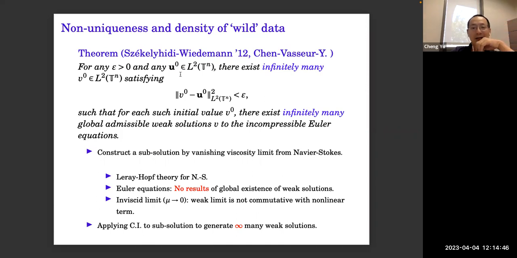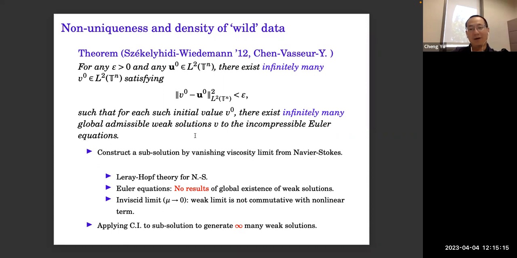This result says that for any given u0 in L2, we are able to find a density v0 such that for each such initial data, there exist infinitely many global admissible weak solutions. Here, admissible means satisfying the energy inequality.